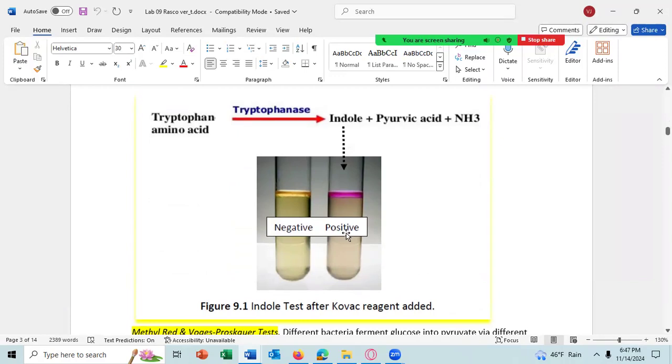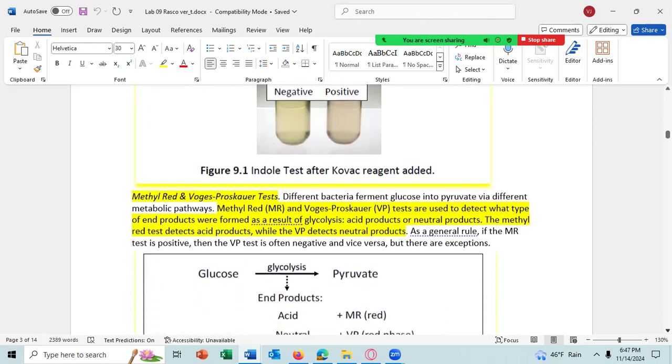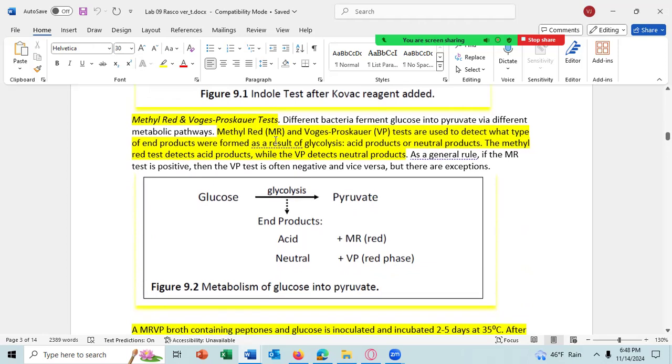So this doesn't look very red, but it's supposed to be red, and it's positive for the indole test. This is negative for the indole test. When you add Kovacs reagent, it'll be at the top of the liquid, and it's negative if it's yellowish. If it's reddish, and I've never seen it purple like that, but purple, it'll be positive. Any questions about the indole test?